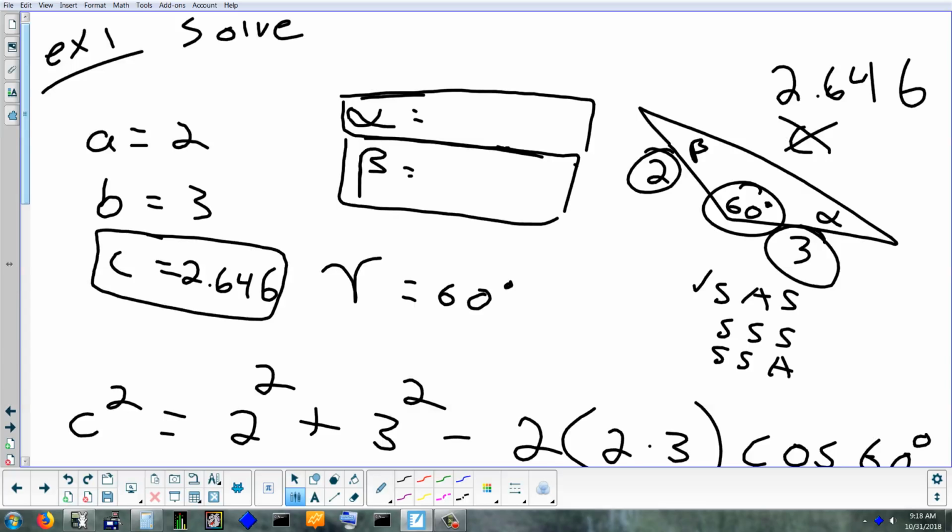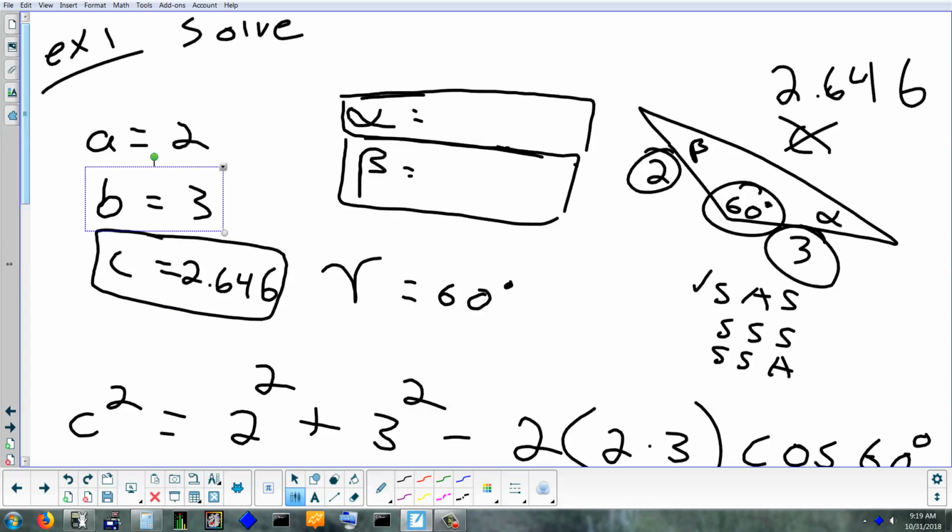Yep. If you add the two smallest sides, it should be bigger than the biggest side. Yeah, if you add any two sides, they have to be bigger than the third. So just look at this one. 2 plus 3 is bigger than 2.6. 3 plus 2.6 is bigger than 2. 2 plus 2.6 is bigger than 3.